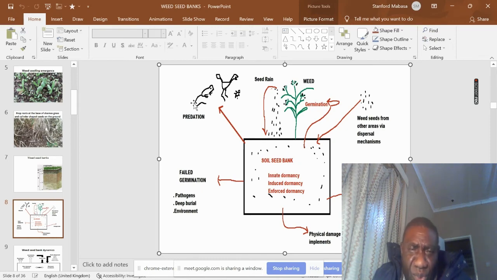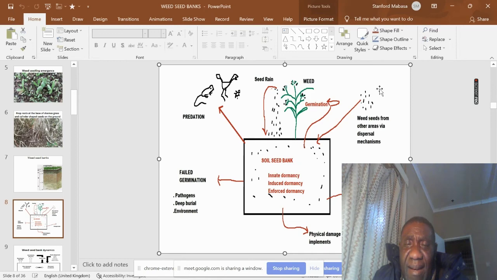The other route is through germination, which results in a plant, and this plant will flower and form seeds and add seeds into the soil through what we call seed rain. Sometimes we talk of seed rain, the addition of weed seeds from the plants.